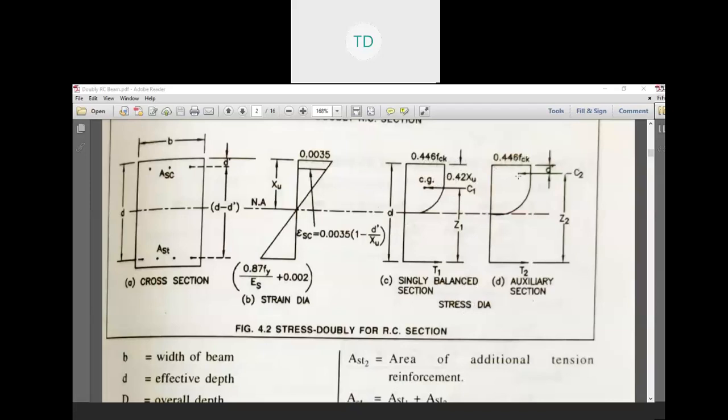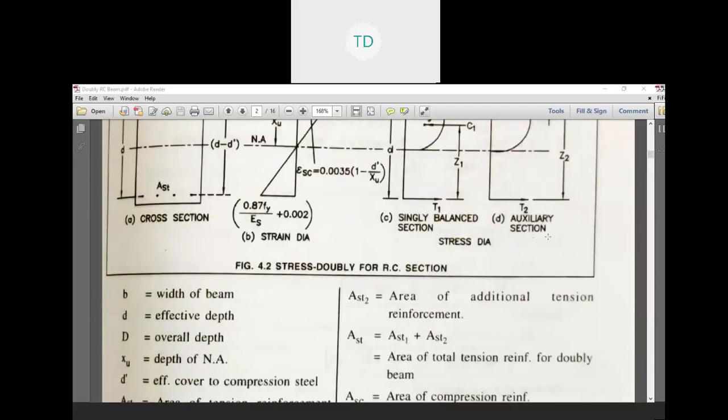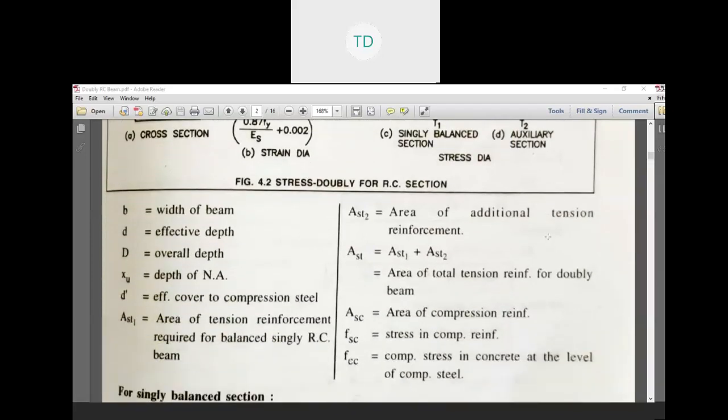Here it is not at the center of gravity; it is somewhat above, almost where the reinforcement is provided. It is called C2. D minus d dash is the cover. Z1 is the lever arm for the first section, and Z2 for the second. Here are the nomenclatures.